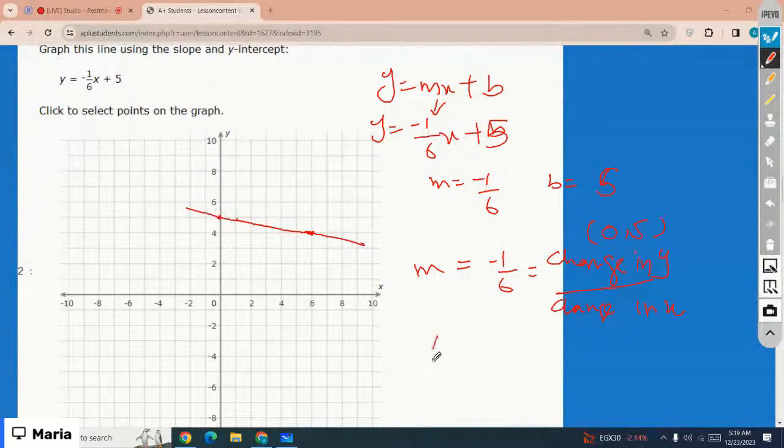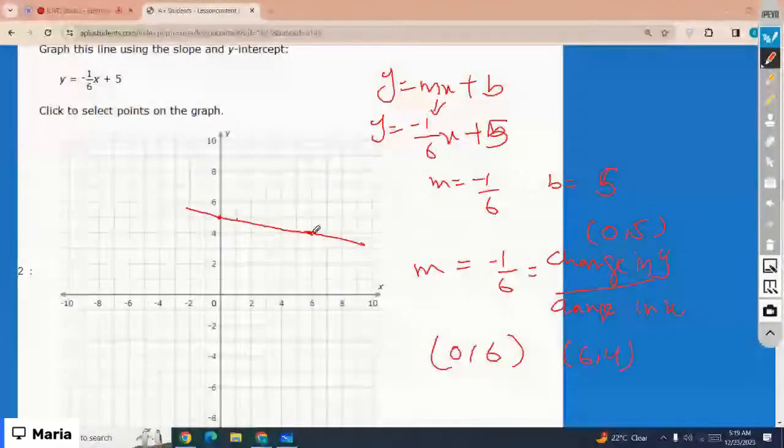So the 2 points here are 0 and 5, and the second one is x is 6 and y is 4. These are the 2 points from the slope. You join them and make a line. Got it?